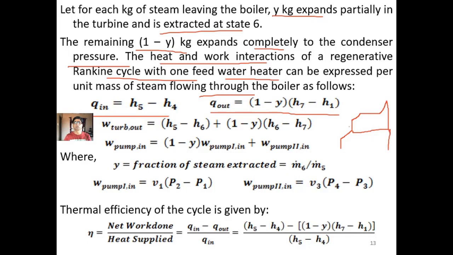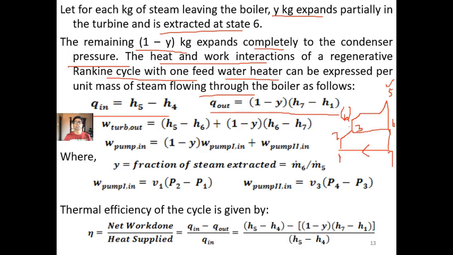I'm not drawing the dome. So 1, 2, 3, 4, this is 5, this is 6, this is 7. Here 4 to 5 is the boiler, so H5 minus H4, and 1 minus Y kg is passing through the condenser from state 7 to state 1.